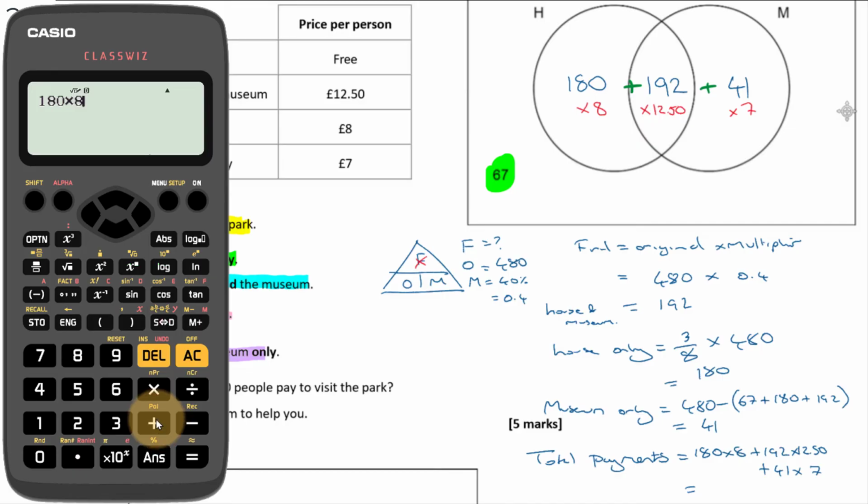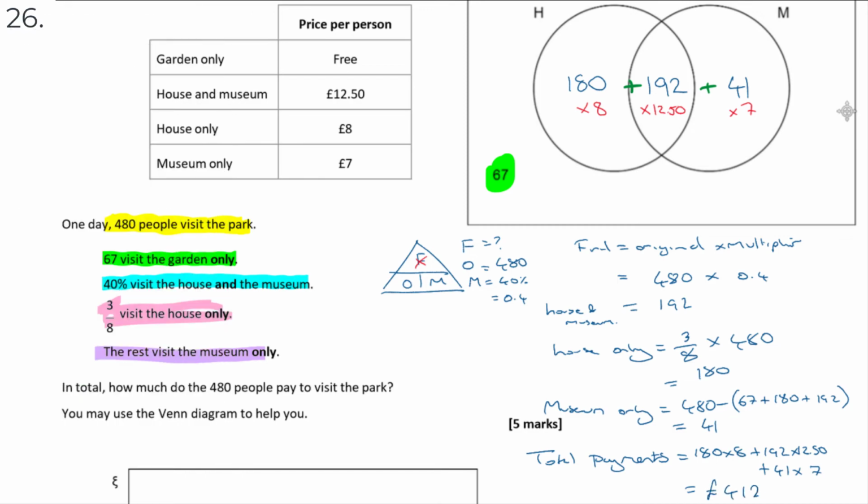Okay, job for the calculator. 180 times 8 plus 192 times £12.50 plus 41 times 7. I make that £4,127. Okay, not bad for a day's work.